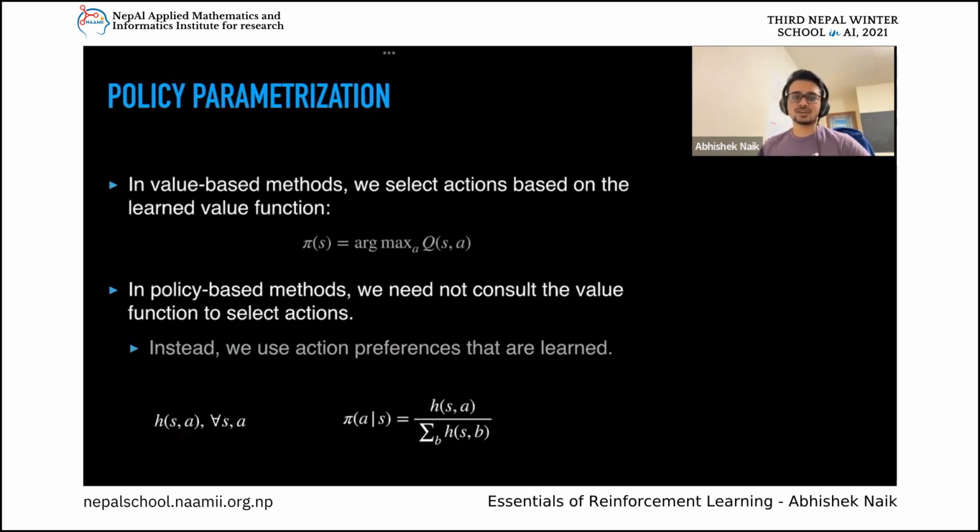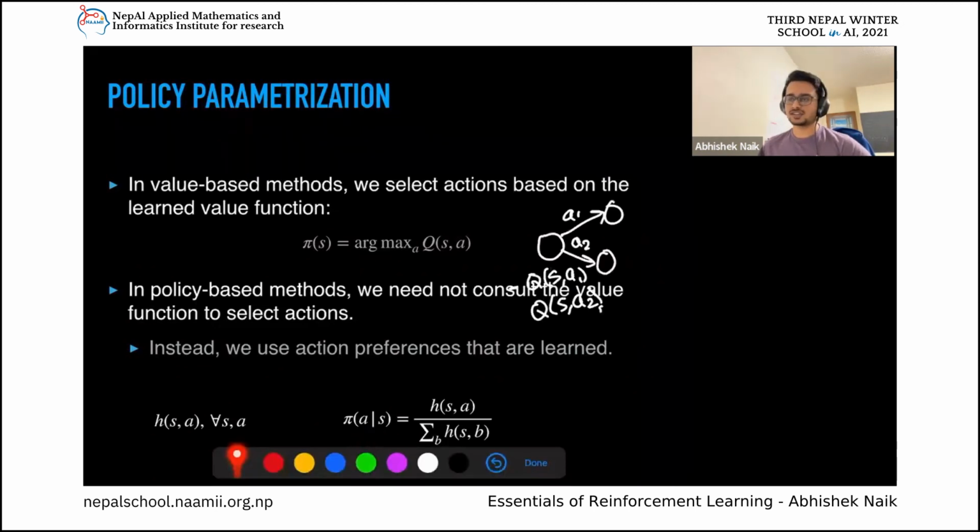Our policy needs to be a probability distribution, that is, it should sum up to 1 for all states. So this is one way to convert our preferences into a policy distribution.